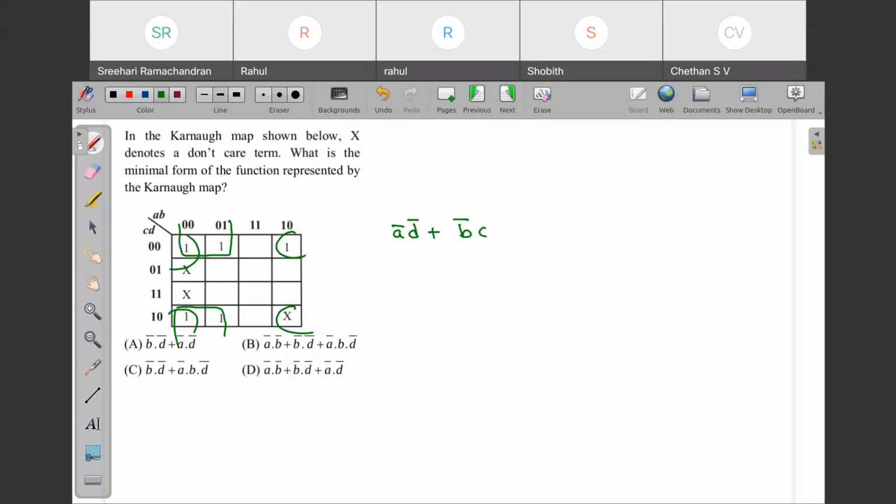So that is C. So which option do we see? A bar D, B bar D. Have I done some mistake? Yes. D complement is common, not C. So option A is correct. Okay. Option A is correct.